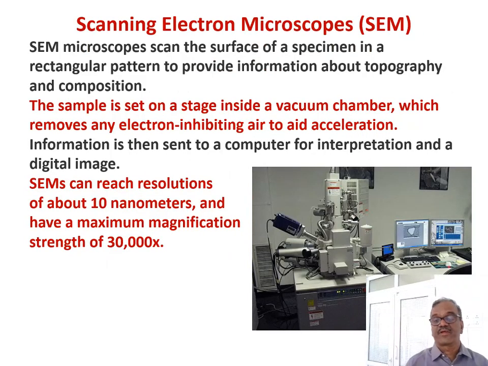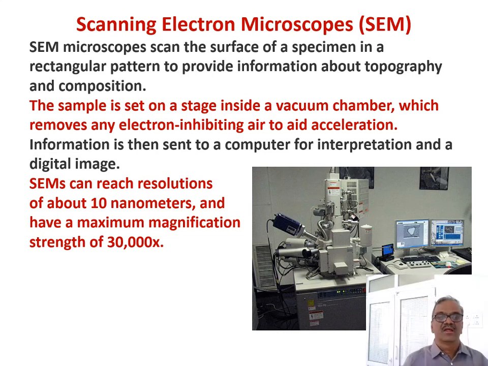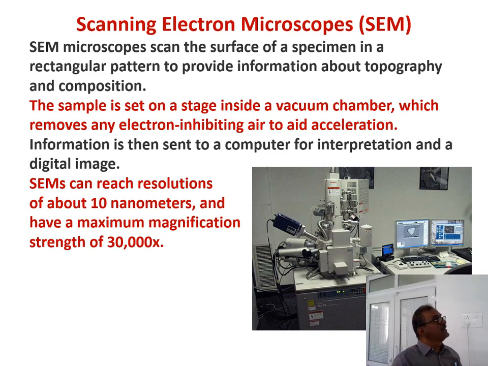Then the scanning electron microscope: the image is scanned. The specimen is kept on a stage in a vacuum chamber, which removes the electron-inhibiting air to aid in the acceleration. This gives up to 10 nanometers resolution and magnification of 30,000x, whereas the TEM gives 5 lakhs, or 500,000x.